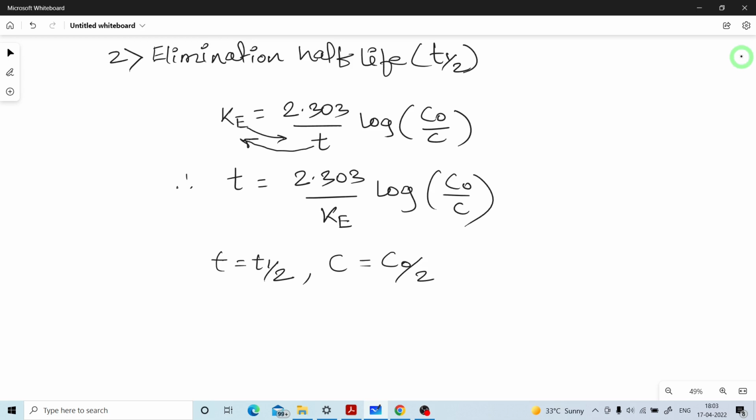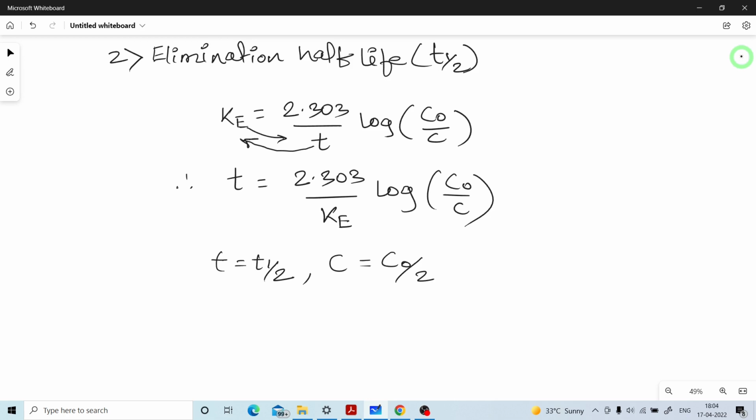Right? So if elimination half-life is the time required to eliminate half or 50% of drug from the plasma, then at T half, your concentration of drug in plasma will be 50% of the initial concentration. So it will be half the initial concentration.